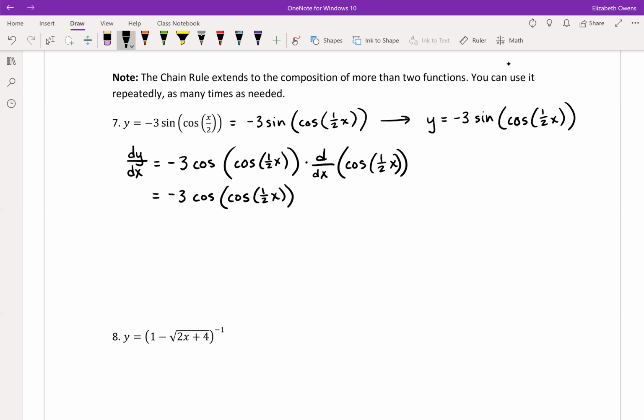Now to do the derivative of cosine of 1/2 x, notice there's actually an inside and an outside to that function. This is our new outer function, and this is the new inner function. So we're going to use another chain rule on this little derivative.